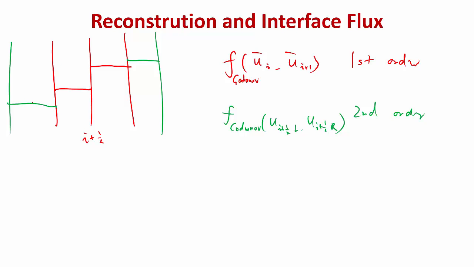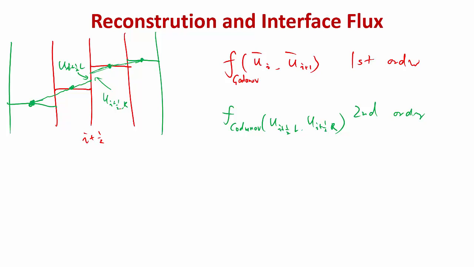I'm treating the cell averages as the cell center values, which we proved last lecture is a second order approximation. Then make a linear line and extrapolate to this point. So this value is going to be u i plus half L. Similarly, I look at the cell center values, which are a second order approximation of the volume average, and extrapolate to here, and this is u i plus half R.